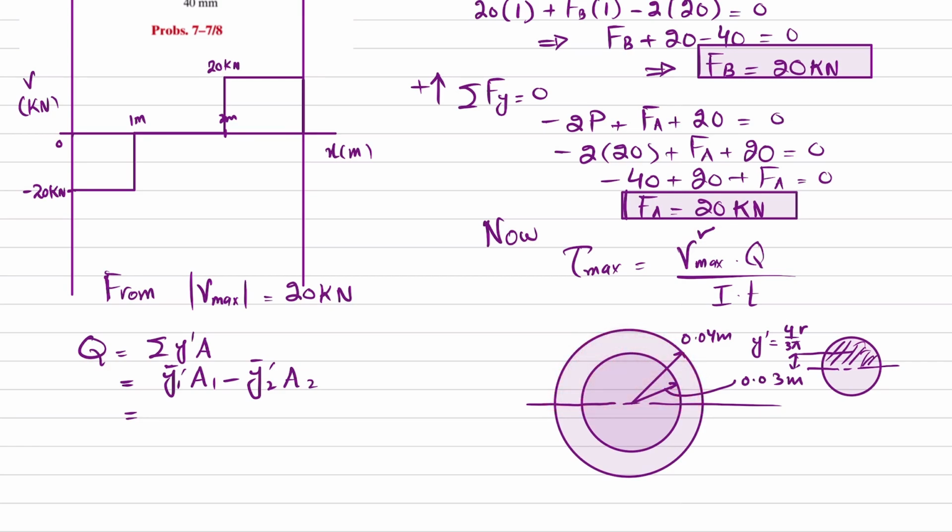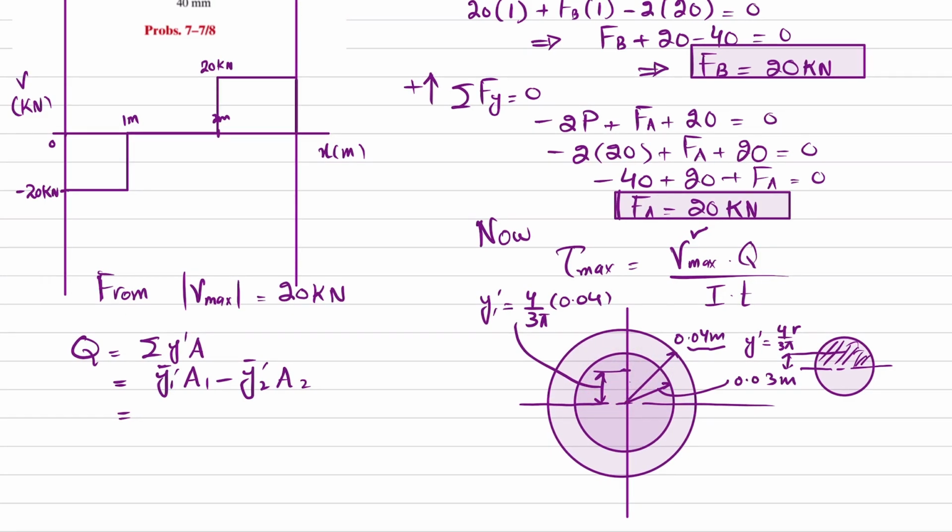This distance is y1 dash, and y1 dash will be equal to 4 over 3 pi into r, and r for this outer is 0.04. Similarly, y2 dash, if you consider this as a solid, will also have a centroidal distance from the neutral axis.